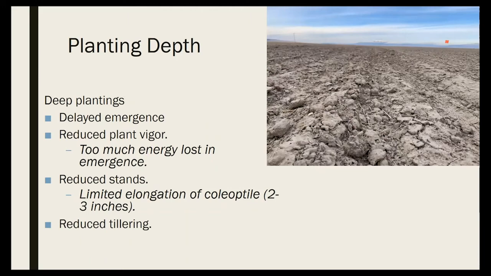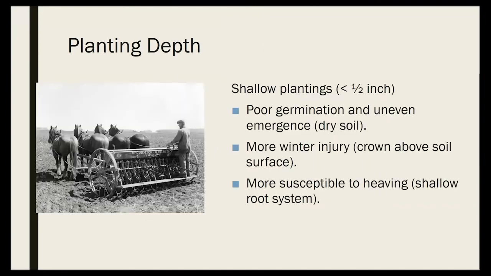The vigor also goes down, just the enthusiasm of the crop, the hello world type. When it gets up out of the ground, it's kind of sickly, it's not doing well, and it just burned a lot of energy getting up through the soil. We'll see reduced stands quite a bit, and reduced tillering. So a lot of bad things can happen.